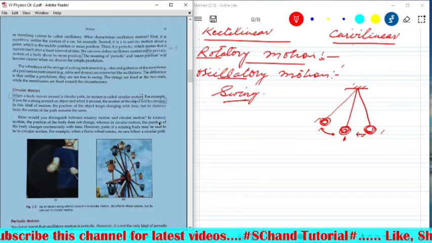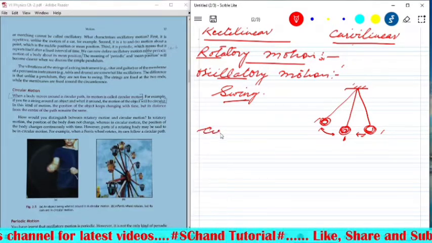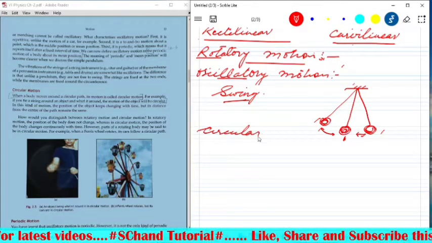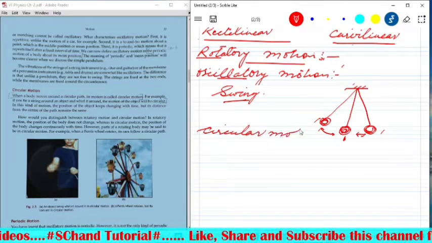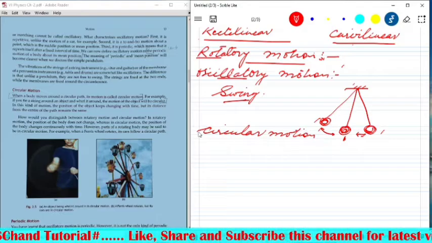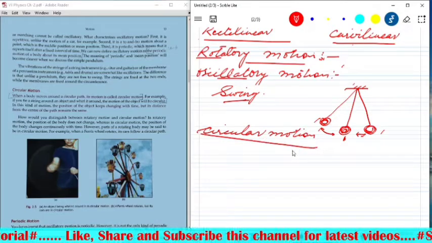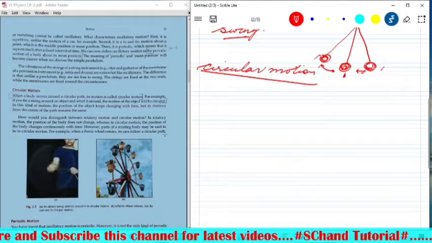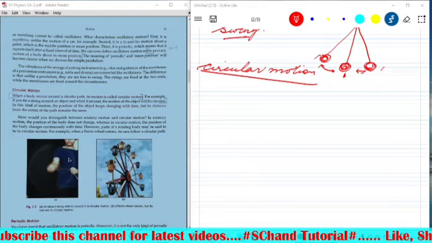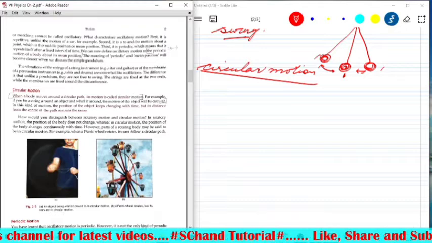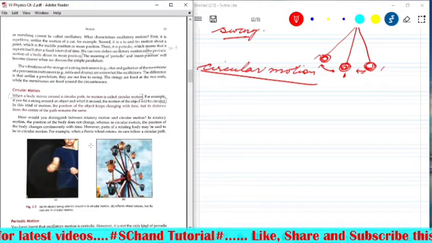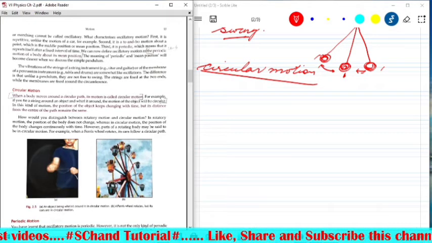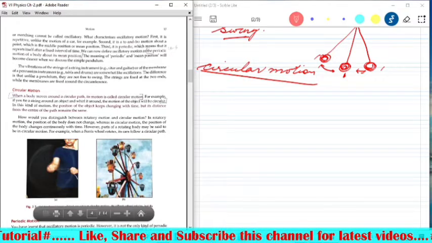Then we have the circular motion. Motion of the body in a circular path is said to be the circular motion. When you tie a stone to a string and whirl it in your hand, it has circular motion.